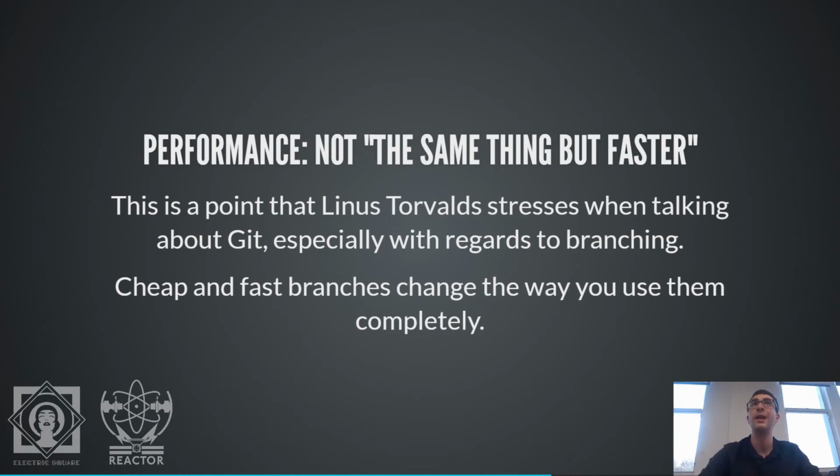But when an operation becomes much less costly than it would have been otherwise, like branching and merging being a lot cheaper than in another system, you don't end up doing the same things you would have done before but faster. You end up completely changing your workflow. And that's an important point to stress when it comes to Git, and especially when it comes to branching.